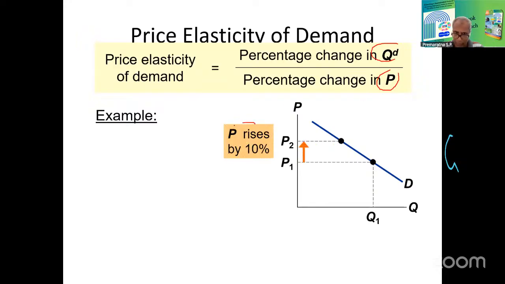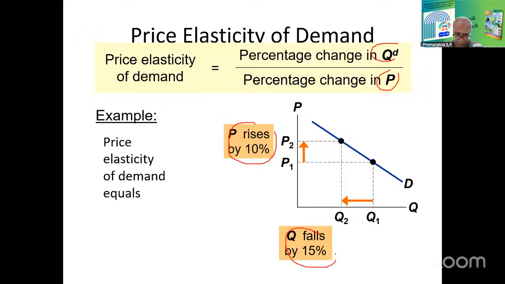For example, price increased by 10%, and suppose the quantity reduced by 15%, the elasticity becomes 1.5. Of course, that is negative. So the measurement is straightforward, you can do it easily. There are so many packages you can use for that. The important thing is this figure.